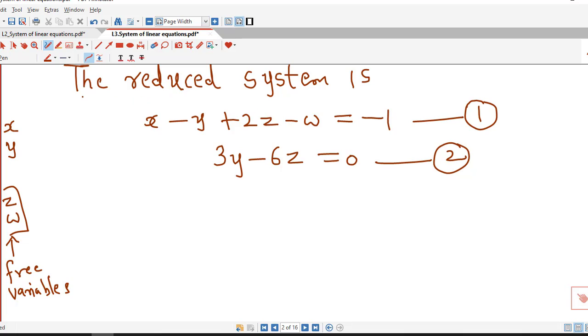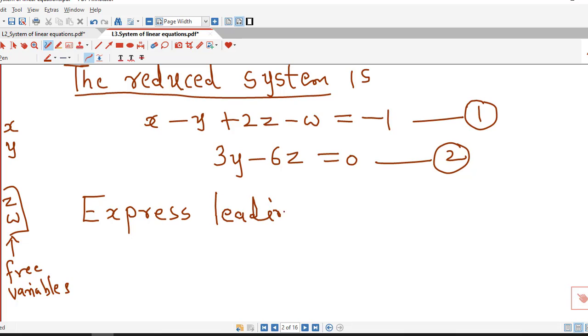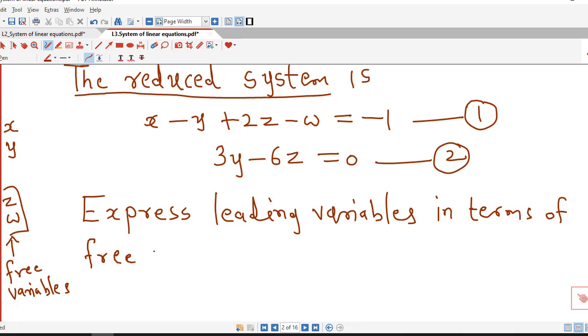So after writing this system corresponding to the row echelon form, the next step is to express leading variables in terms of free variables.